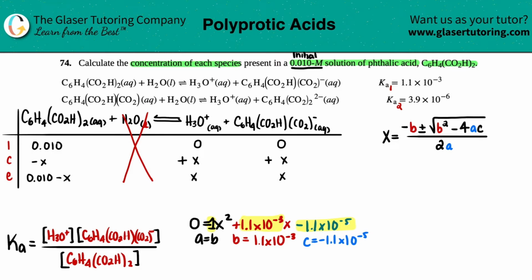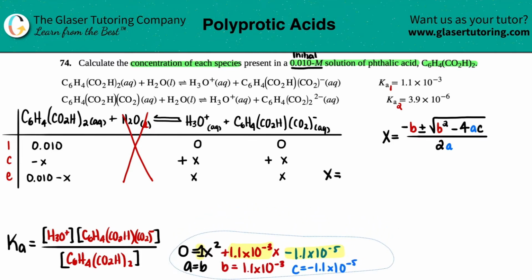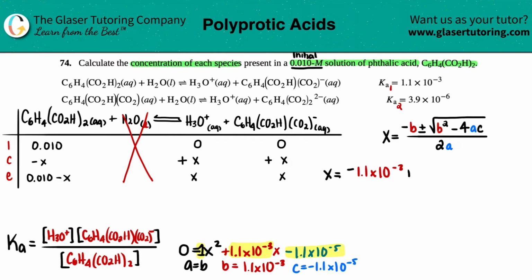So x equals, and I'll probably have to move this a little bit down. Okay, so x equals negative b, so negative 1.1 times 10 to the negative third, plus or minus the square root of b squared.